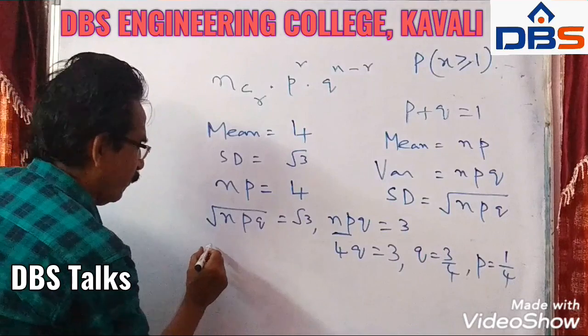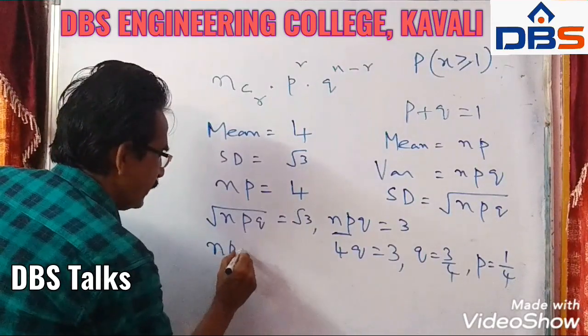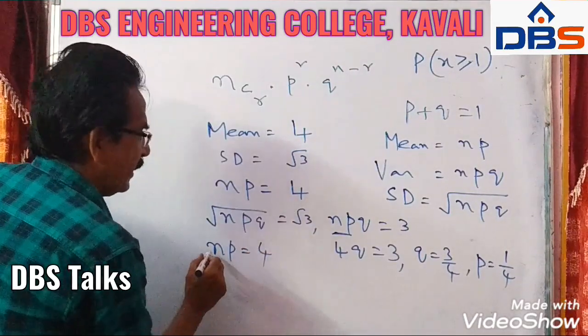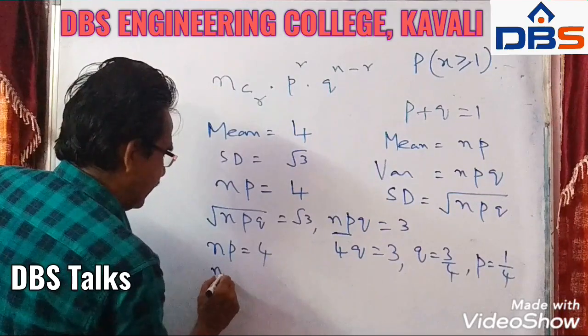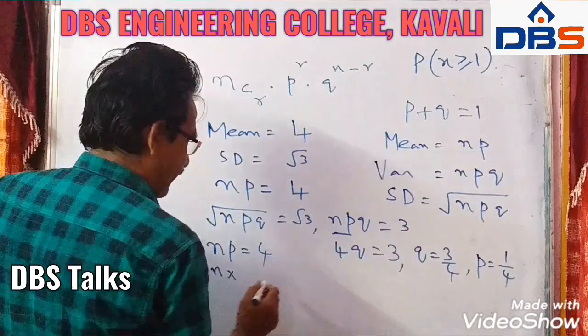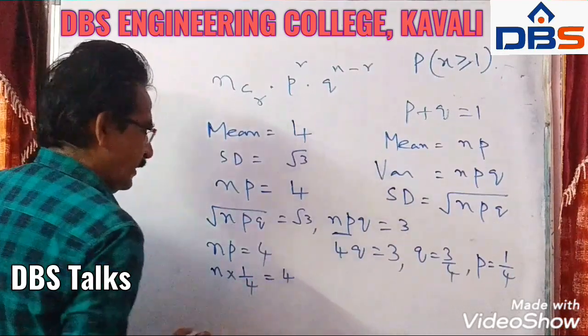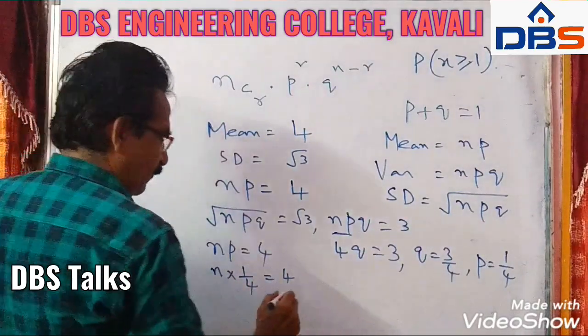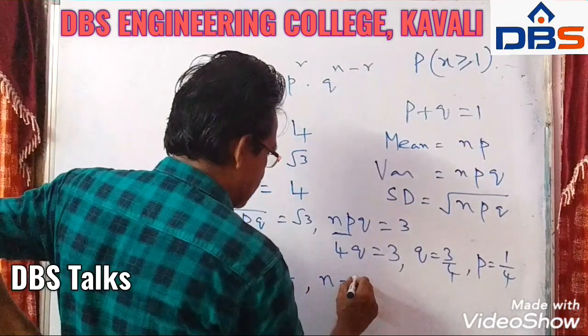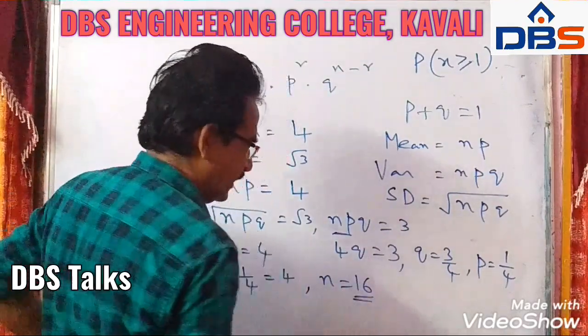NP is equal to 4. N into P, that is 1 by 4, is equal to 4. N is equal to 16.